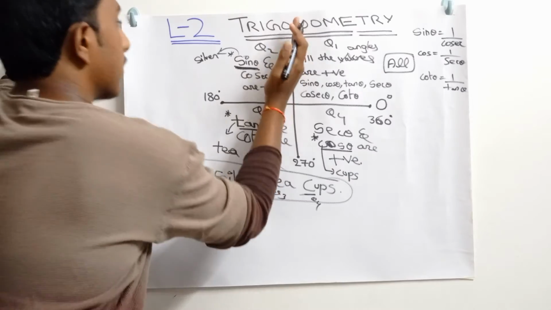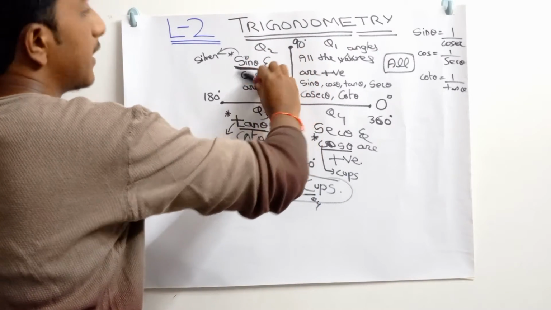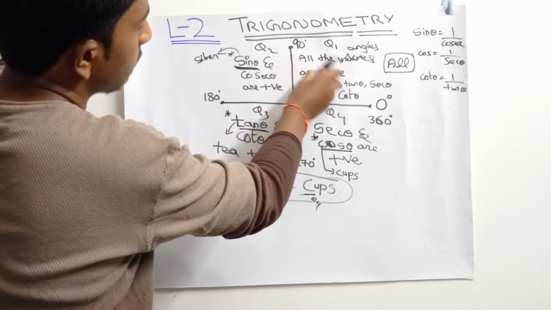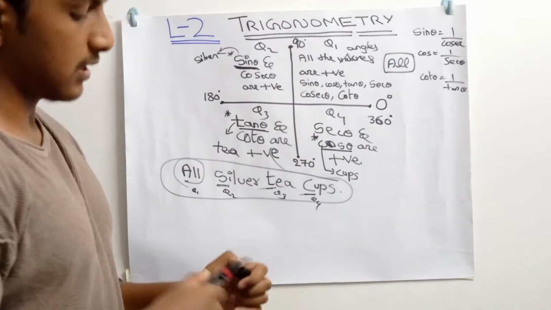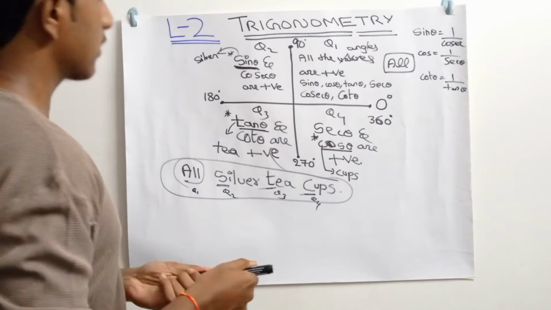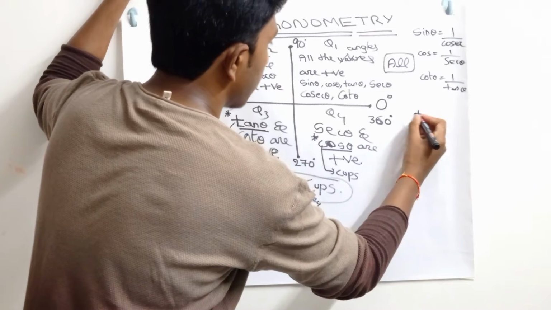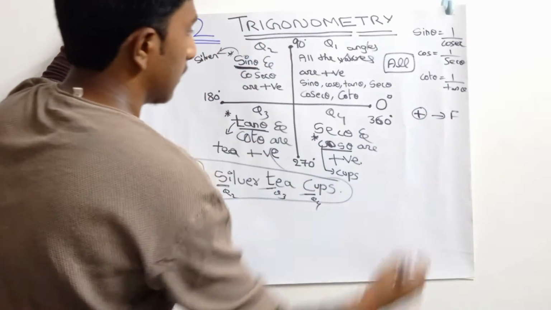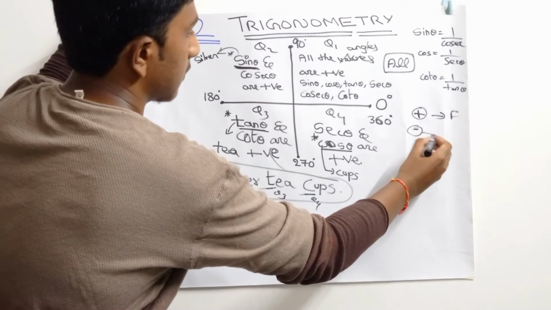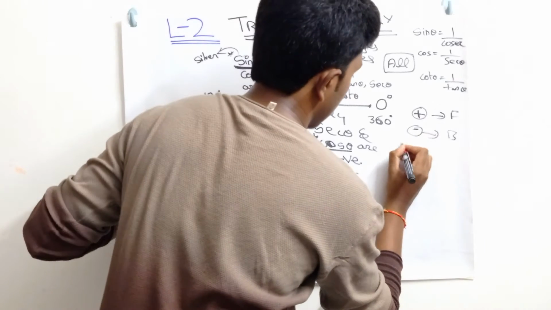Plus means we move in the forward direction, and minus means we move in the backward direction. That concept I'll explain while doing the sums, then you will get more clarity. Remember this small point: plus means forward, minus means backward from the angle.